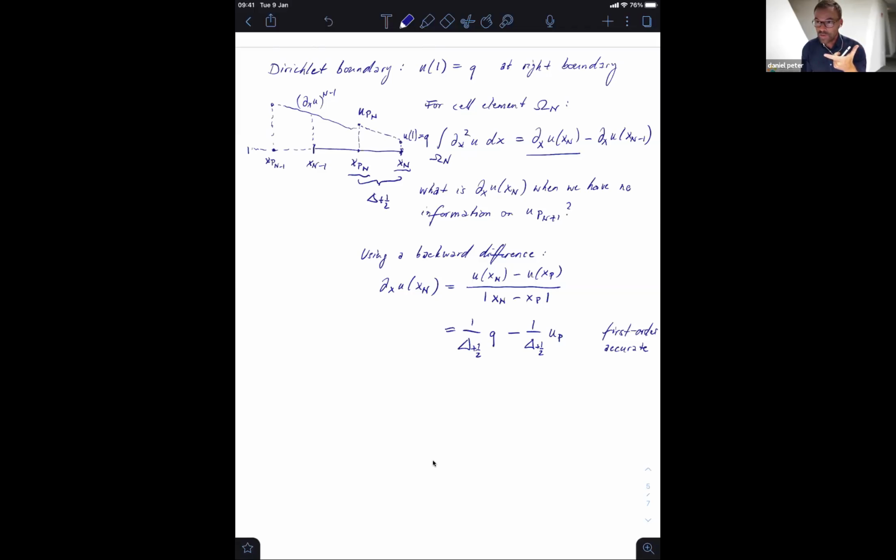Well, you would use more points. You would use a larger stencil. So which points are available? Well, we could use this one from the next centroid. So one way to do that is you would use the Taylor series for these points.